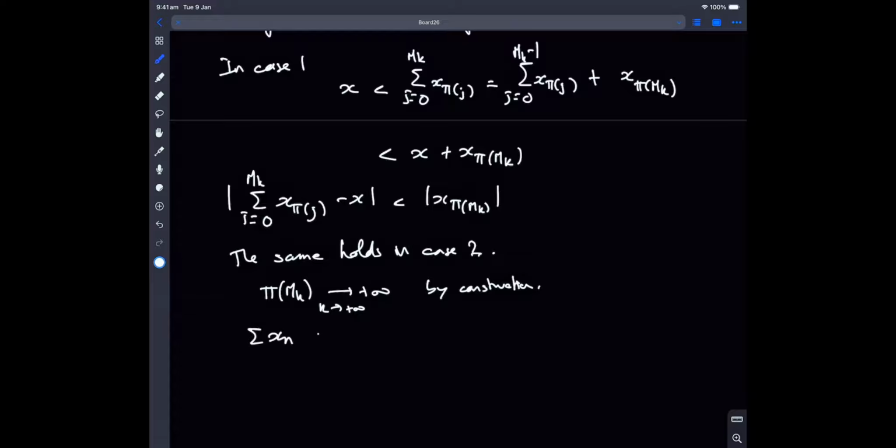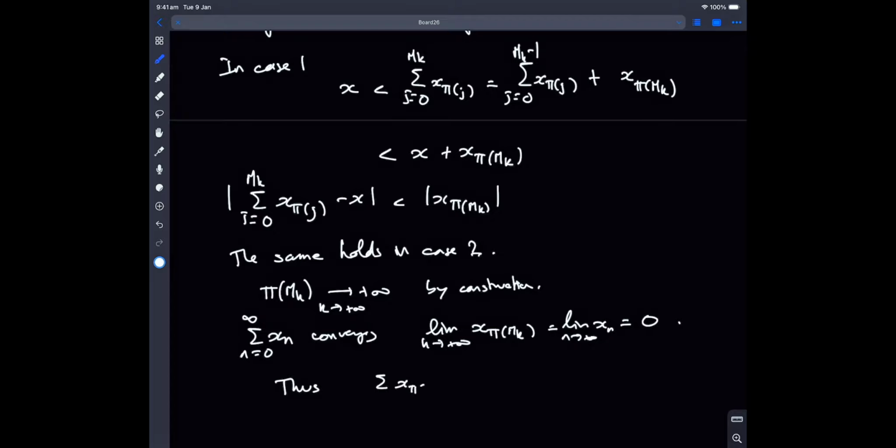But because the sum of the x_n converges, well, the limit of the x_n has to be 0, and the limit of the x_n is exactly the limit of the x of pi of m_k as k goes to infinity, because pi of m_k goes to infinity. Therefore, the error that we are making here between the partial sum of x of pi j and the x goes to 0 as k goes to infinity. That is to say that this series converges, and it converges exactly to x, which was our conclusion.